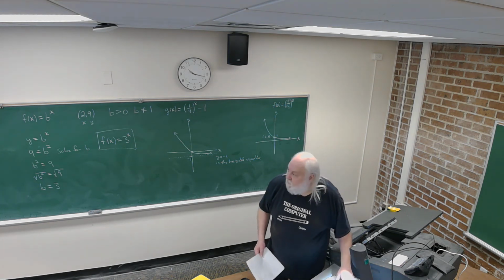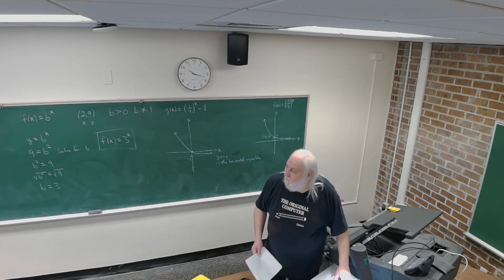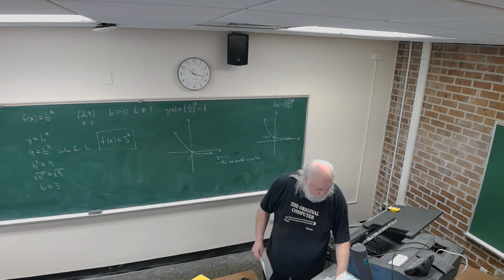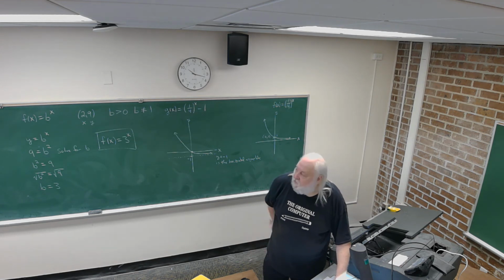All right. One-to-one property of exponential functions. For a greater than 0, not equal to 1, if we have 2 exponentials equal to each other with the same base, then it has to be true that the exponents are equal.